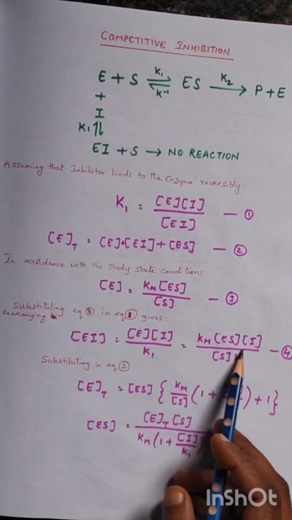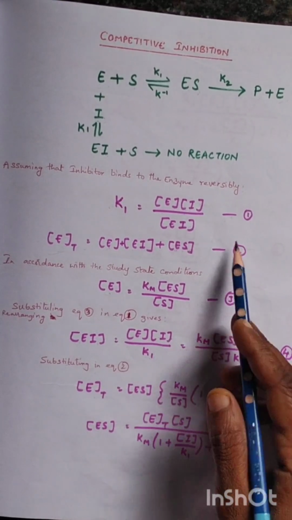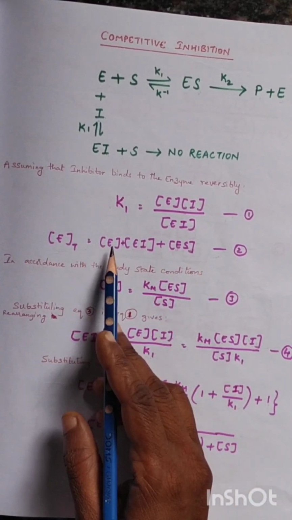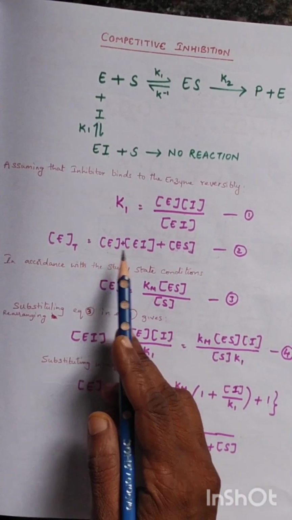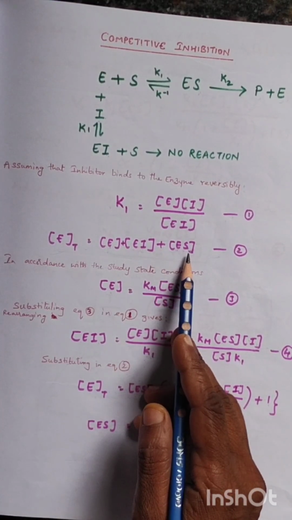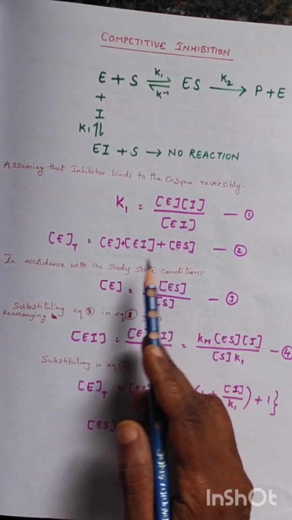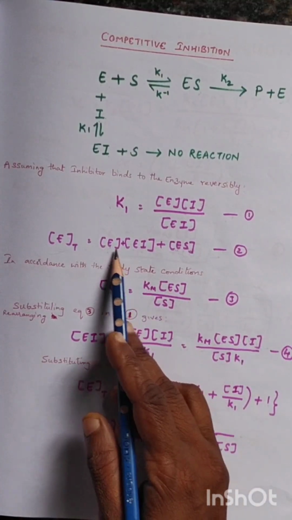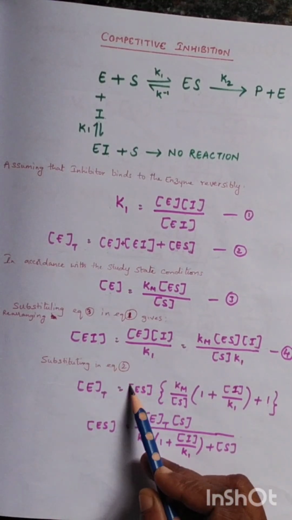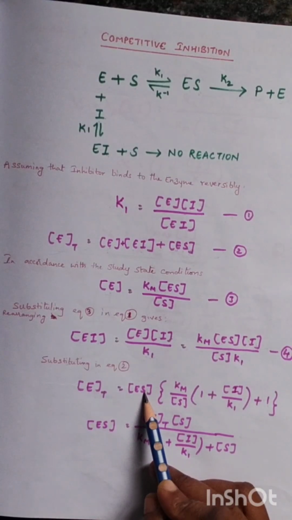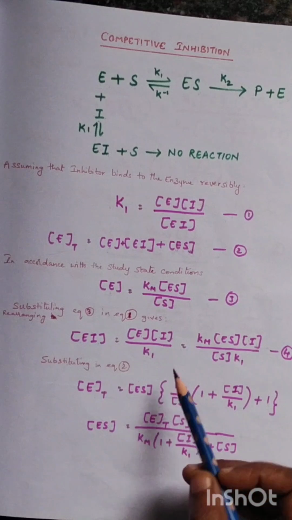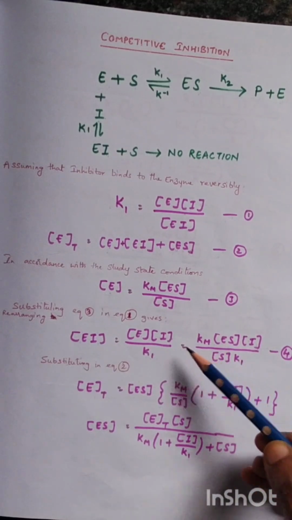Substituting these in equation 2, the total enzyme is the concentration of enzyme plus the concentration of enzyme inhibitor complex plus the concentration of enzyme substrate complex. If we take common among all of these, we can take the concentration of enzyme substrate complex as common, and we can get Km by S as another common factor.